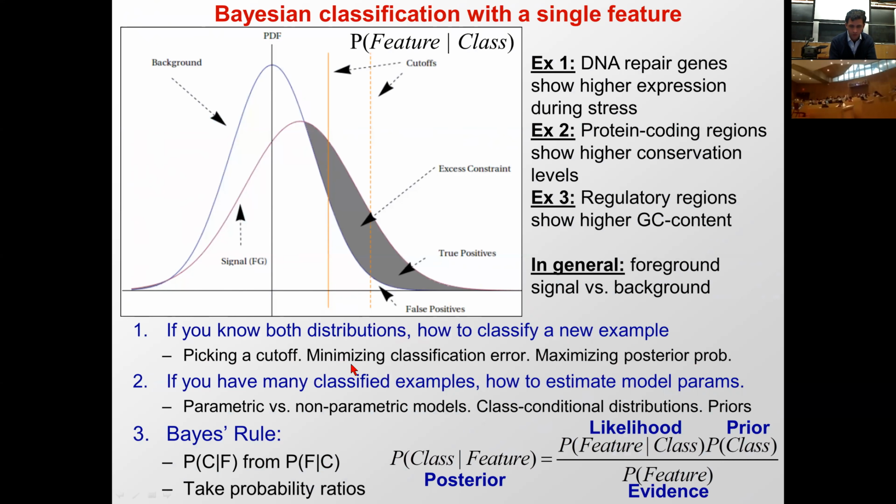So if you know the distributions, then how do you classify a new example? You can basically pick a cutoff, and then you could minimize the classification error. That will give you some cutoff here, or you might maximize the posterior probability. Or if you have a very high cost of making a mistake and saying that something is blue when it's red, then I'm going to weigh these distributions according to that penalty function, and that will effectively translate into simply shifting that threshold.